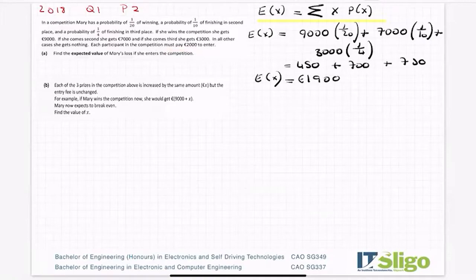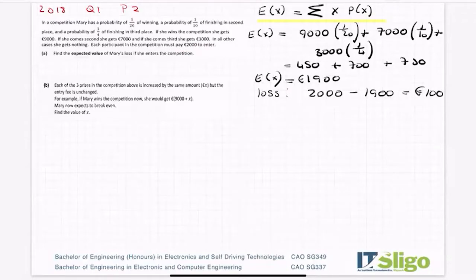Okay, so each participant in the competition must pay 2,000 to enter. So if you're paying 2,000, but on average you're only winning 1,900, then can you see then that it's a loss you would make of 100 euros. So on average, every game that's played would result in a loss of 100.